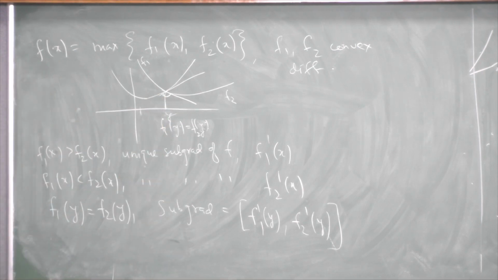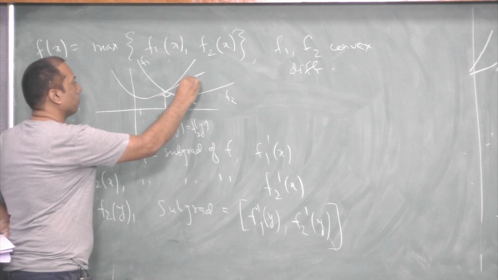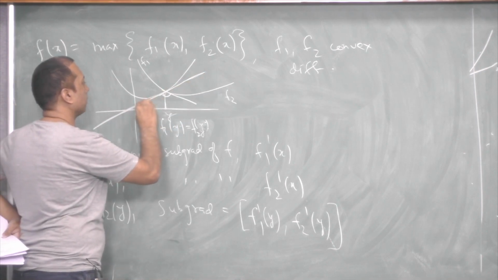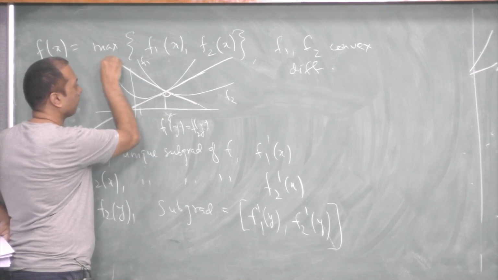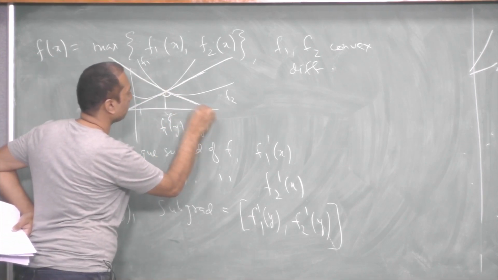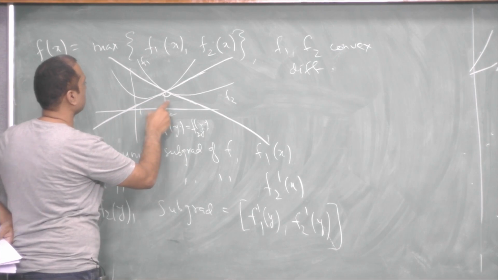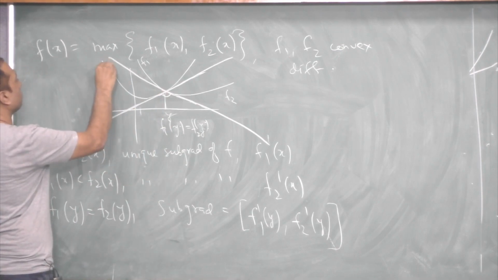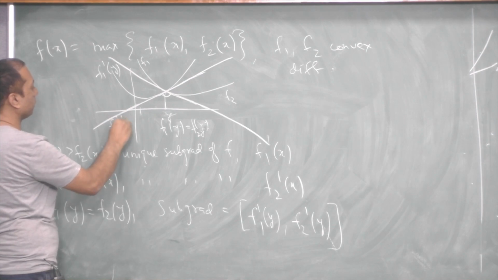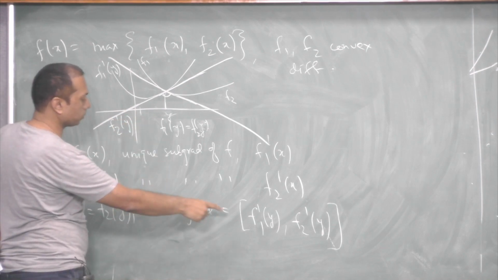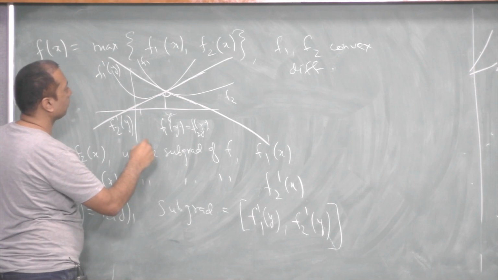So this is the derivative f1'(y), and this is the derivative f2'(y), the tangents, and what we are supposed to do is take the interval between them.